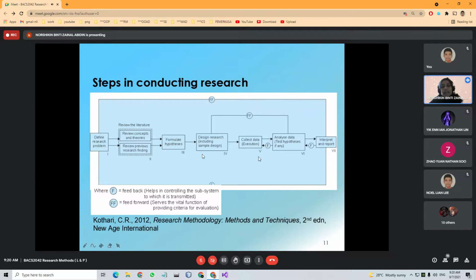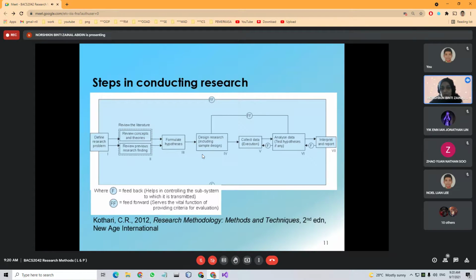And then you go for data collection. Data collection is where you collect your data. And then after you get your data, you go and analyze your data. After you analyze the data, you need to interpret and write a report. Interpret here is a conclusion.